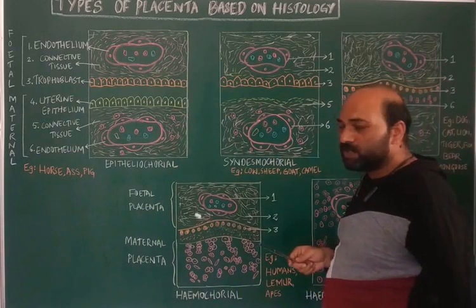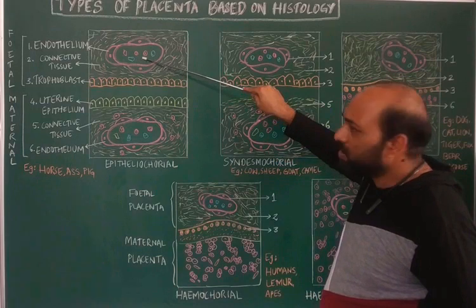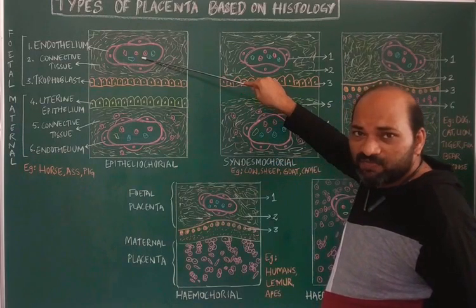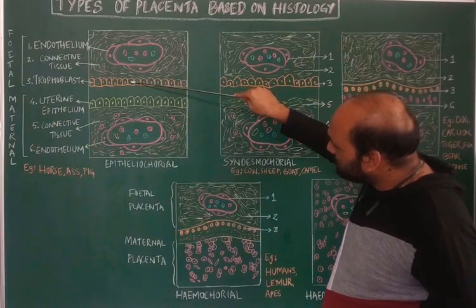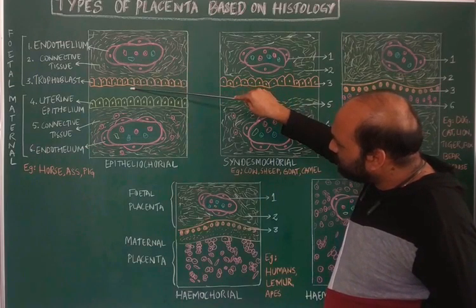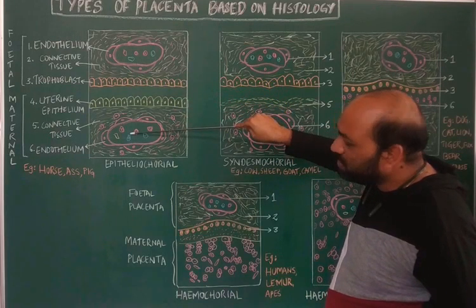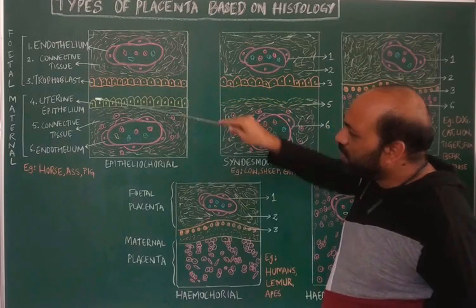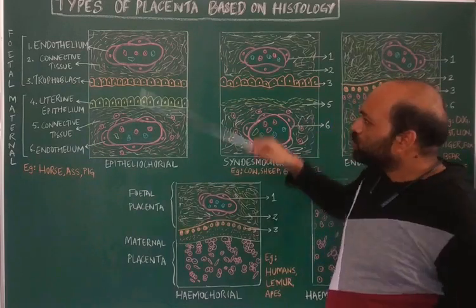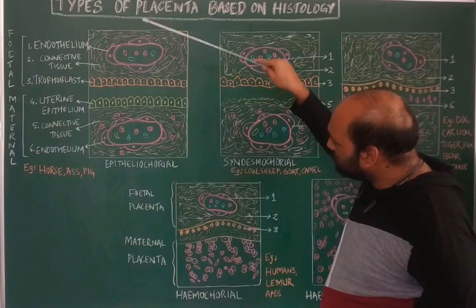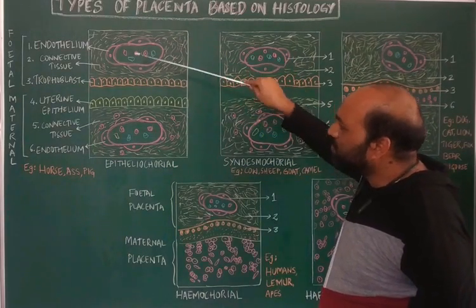Let me explain here. For example, if this is a fetal blood vessel which brings the nitrogenous waste, that waste diffuses out and passes into the chorion. Thereafter it passes into the uterine epithelium, the connective tissue, and finally reaches the endothelium of the maternal part of the placenta. Thereby diffusion of substances occurs from the fetal to the maternal part and vice versa.